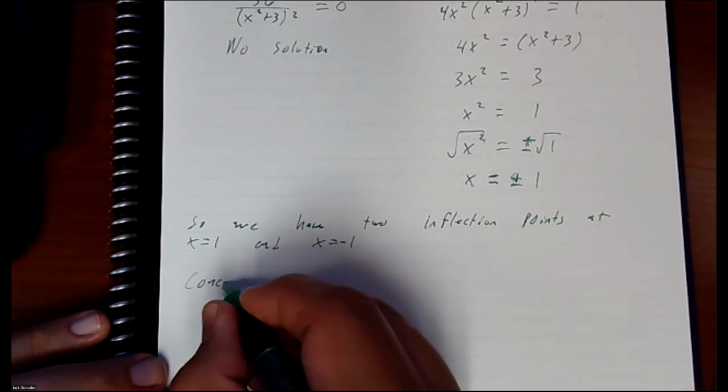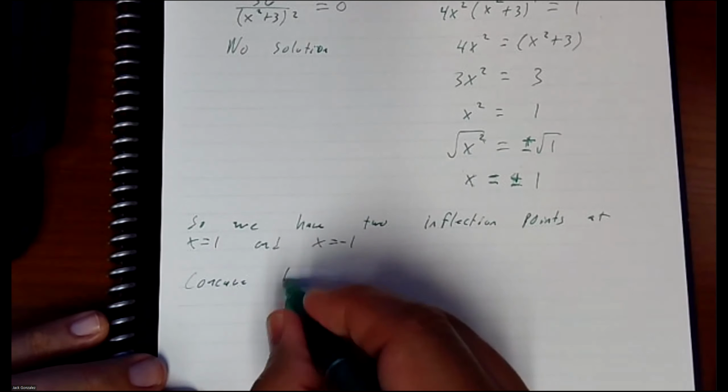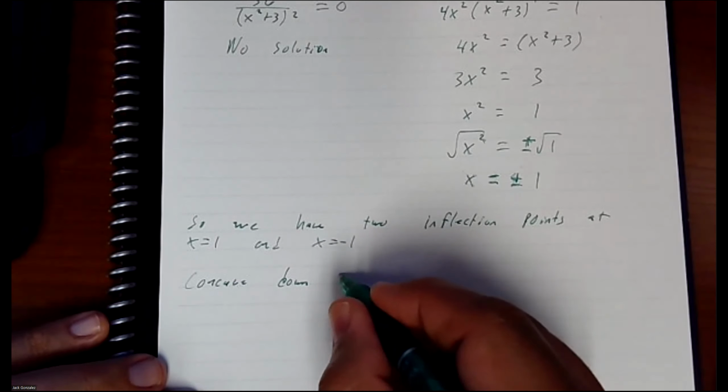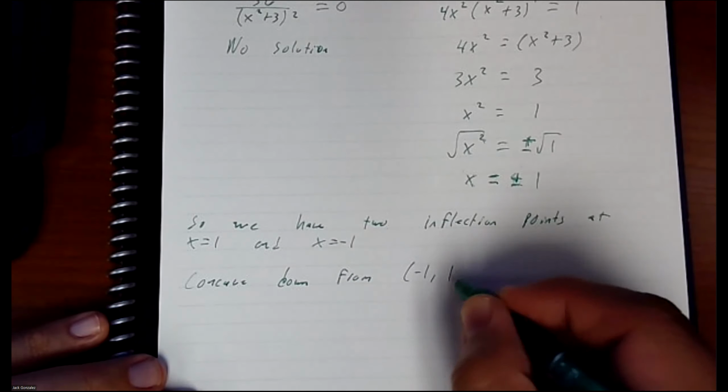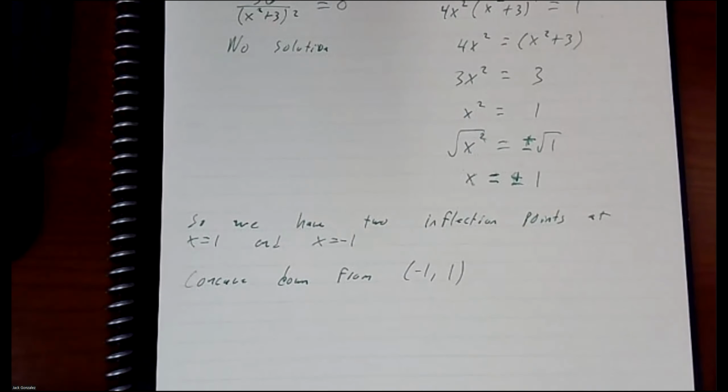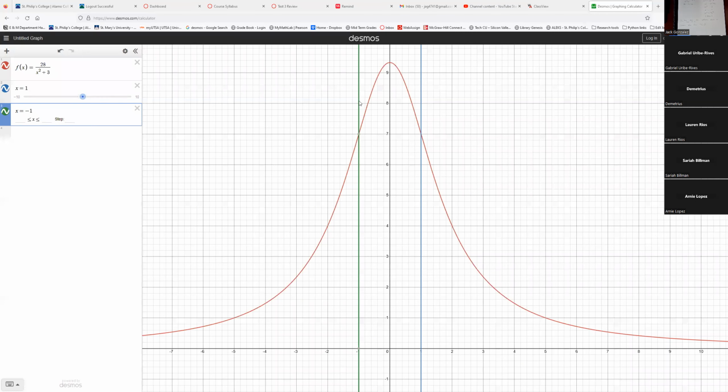So the question asks, where are you concave down? Well, it's going to be between them. Like the picture, see, it's concave down until 1, and it starts opening upward right after.